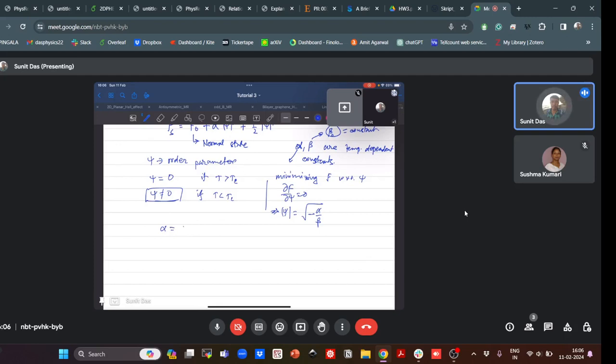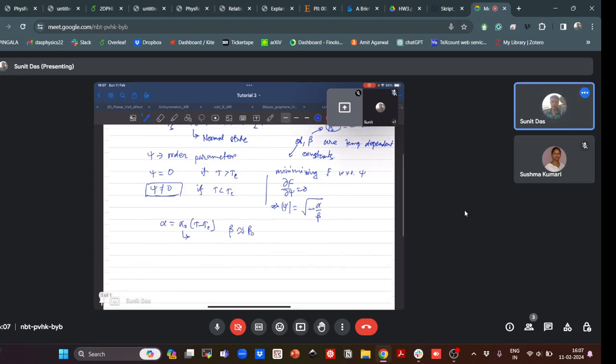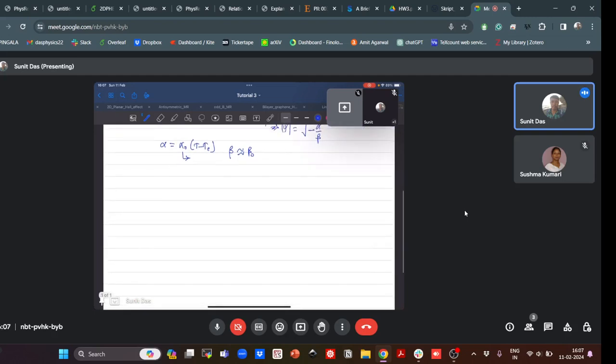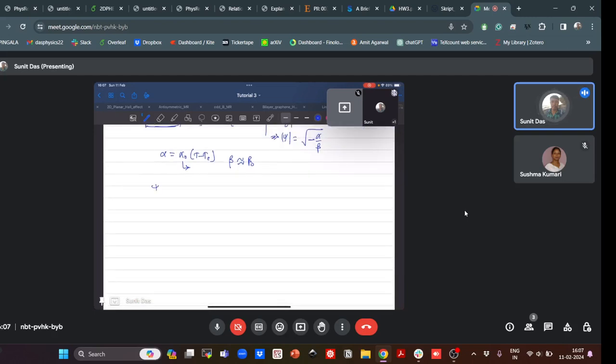Where we considered alpha to be alpha 0 (T minus Tc). Alpha 0 is again a constant, and beta is approximately beta 0, no temperature dependence in beta. So then we had psi equal to root over minus alpha 0 (T minus Tc) by beta, that is, alpha 0 (Tc minus T) by beta, right?